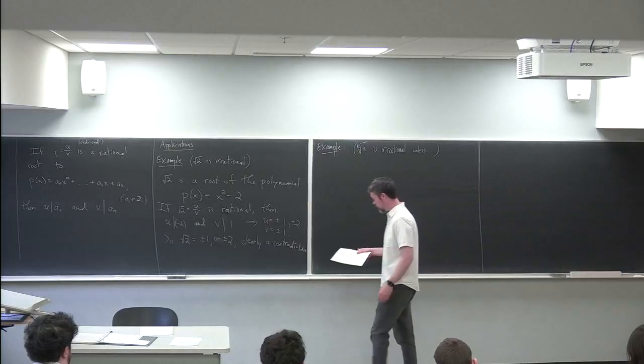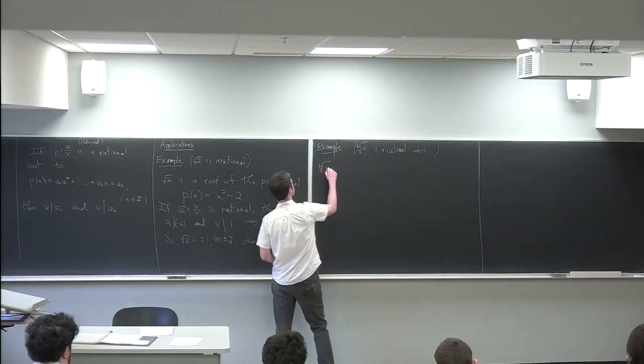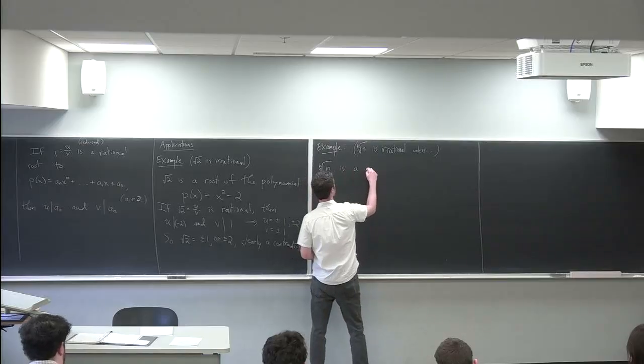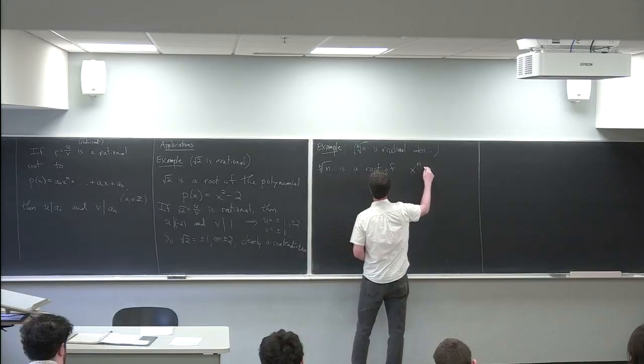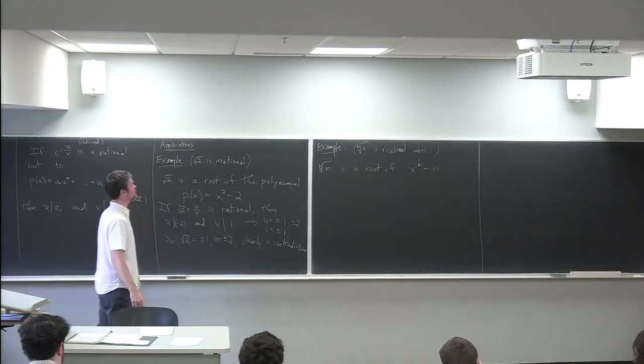So if you wanted to argue about this, the point is that this thing is a root of x to the k power minus n. You can make a similar kind of argument.